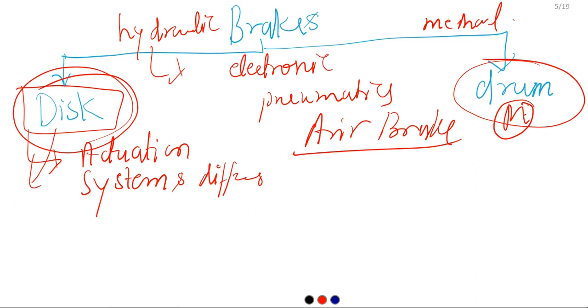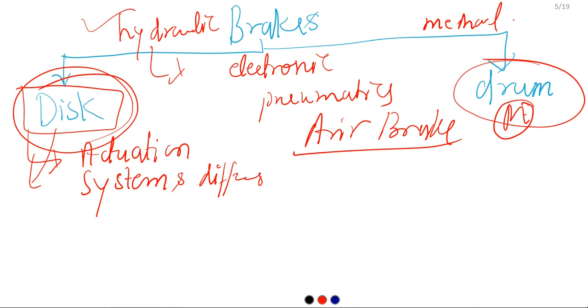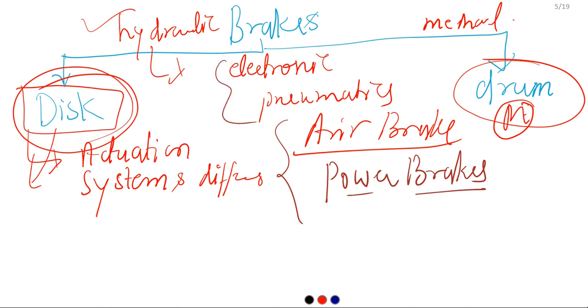So in order to understand, in hydraulic brakes we are calling it power brakes also. So we will understand what actually the power brakes, electronic brakes, mechanical are. Pure mechanical means the actuation systems are mechanical linkages.